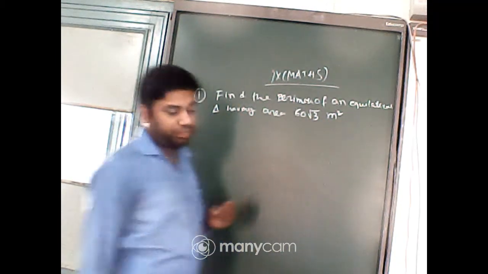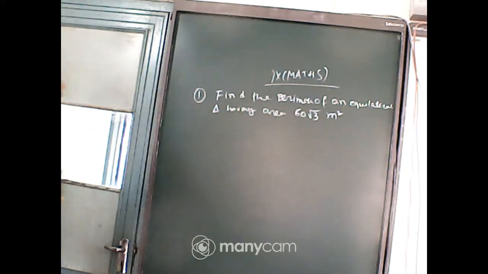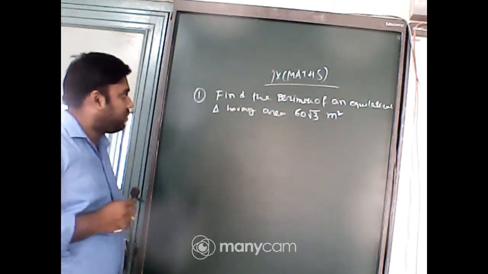Find it quickly. Find the perimeter of an equilateral triangle having area 60 root 3 meter square.